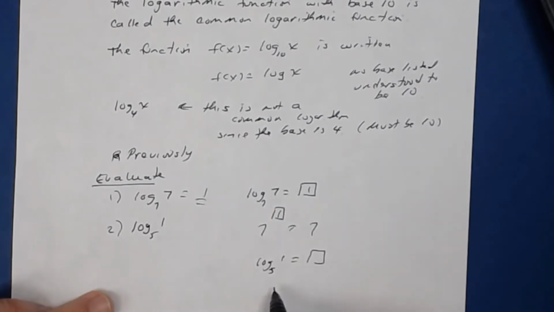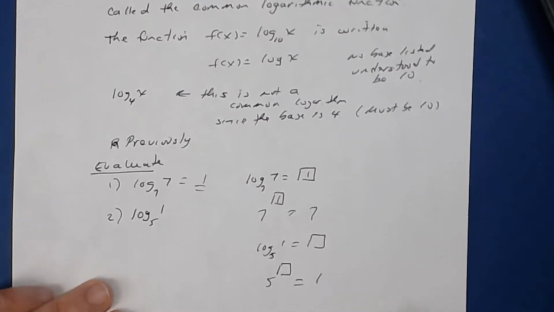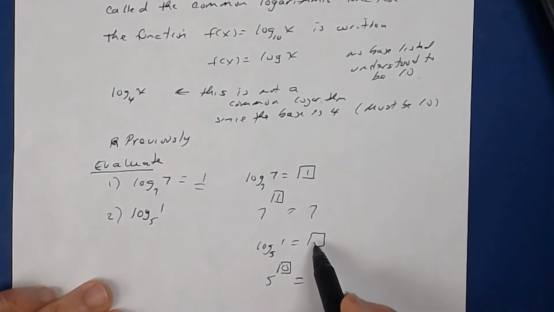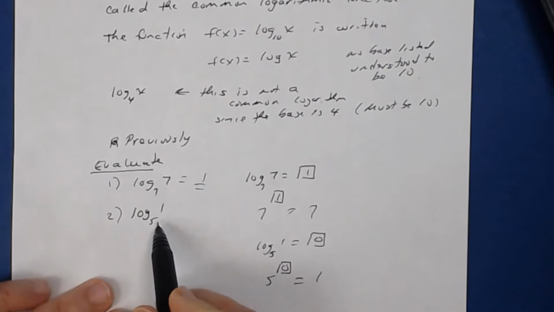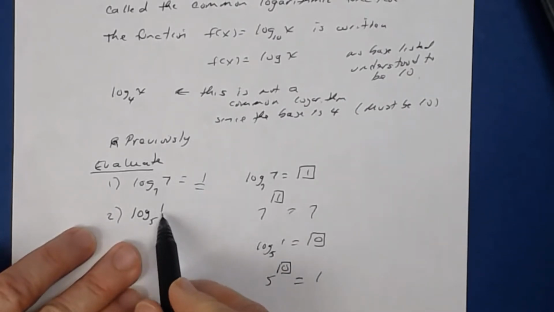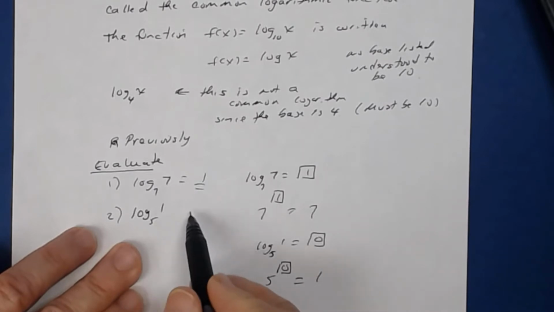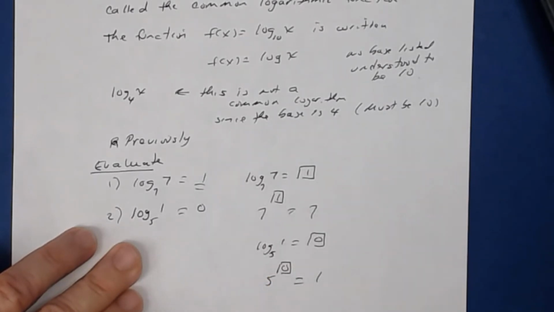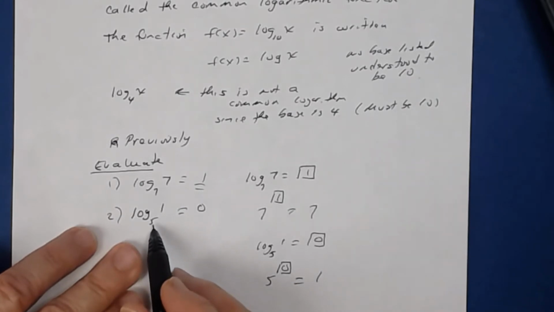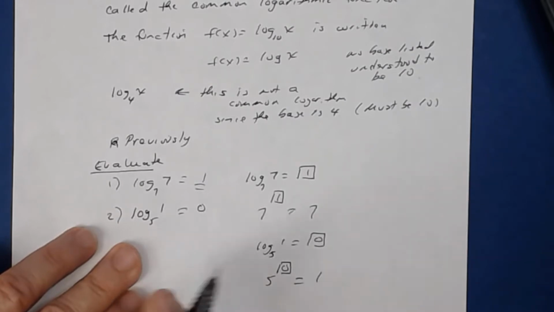So I said 5 to the what power is going to equal 1. Well, 5 to what power is 1? Well, we saw that was 0, right? So that was 0. So that kind of makes sense, because if the argument's 1, regardless of what the base is, then that's going to be 0. The log of 1 is 0, no matter what the base is. This could have been 500. This could have been 22. Regardless of what the base is, that's going to be 0.